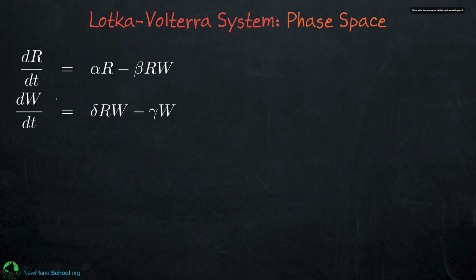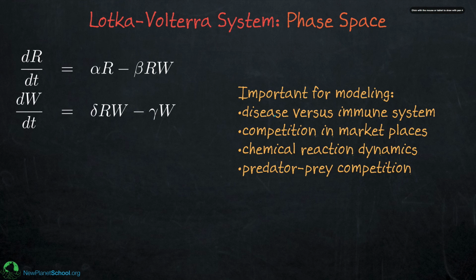And these equations in nonlinear dynamics are very famous because they describe everything from the way your immune system competes with a disease that you got, to economics, where it describes competition in marketplaces, to complex chemical reaction dynamics and mixtures of chemicals. And the example that I'm going to use here is predator-prey competition. So in general, when you have things competing with each other.